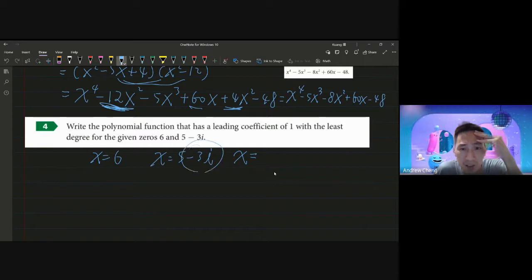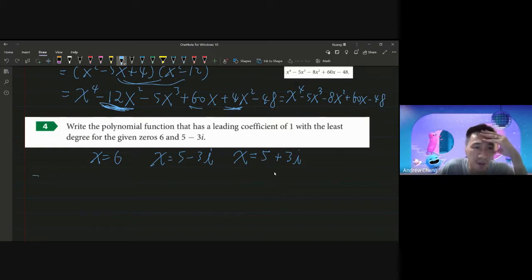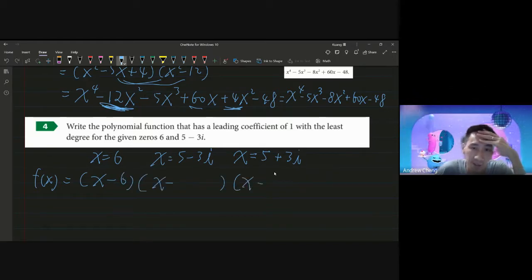Only change the sign for the irrational part. You don't change the sign for 5, so that will be 5 plus 3i. So my function can be rewritten as x minus 6 times x minus something times x minus something. The first one is 5 minus 3i, the second one is 5 plus 3i.